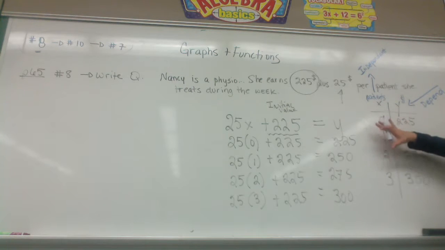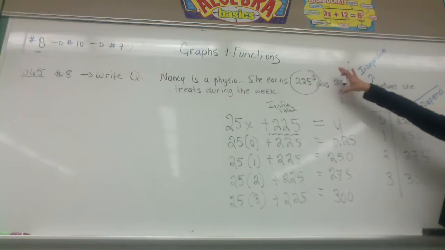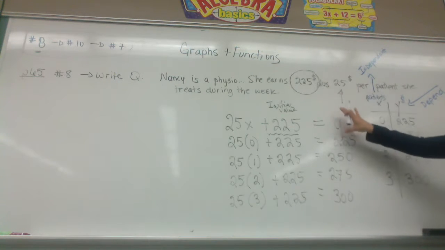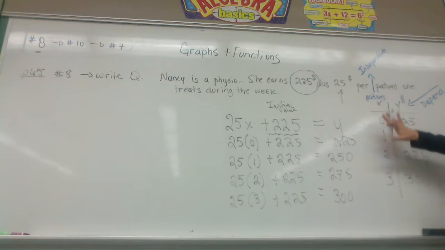Once I have my table of values, I'm able to graph. So it's the last piece of the puzzle. We have 4 pieces. 1 piece, 2 pieces, 3 pieces, and the last piece will be the graph.